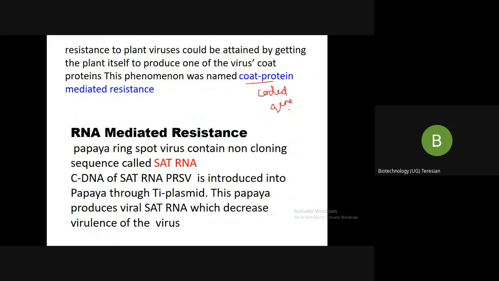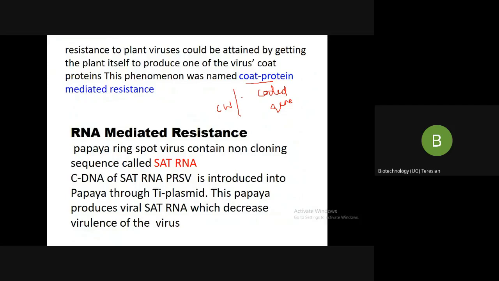Then they had a hurdle, because how are you going to insert this packed vector into your papaya plant, because there is a cell wall which is acting as a shield. It will not allow the easy transfer of your vector.